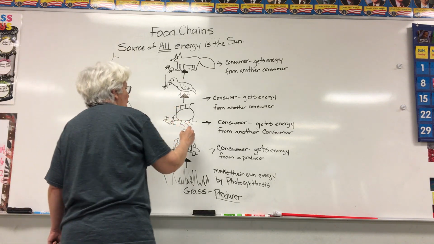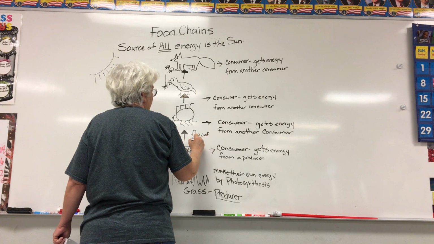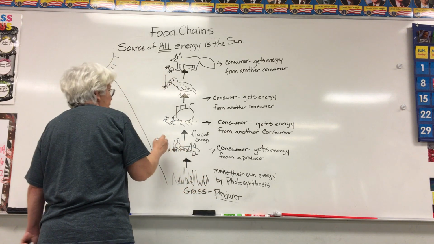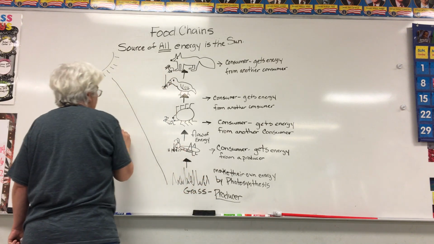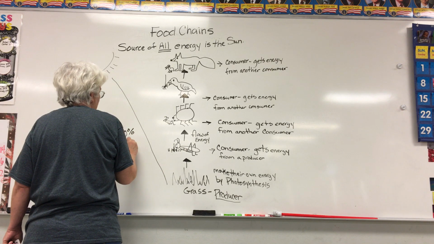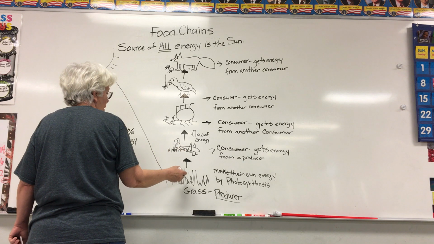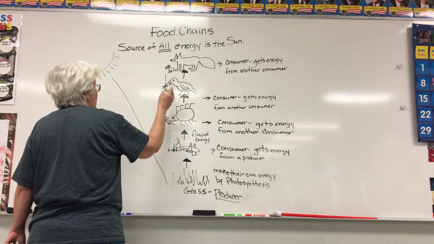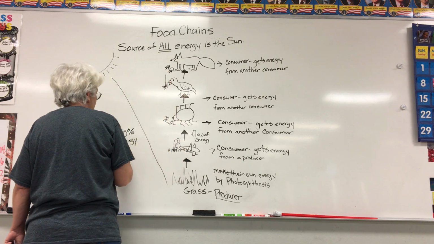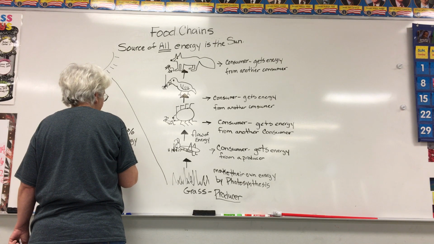You remember, this is the flow of what? The flow of energy. And we said that about 90% of the energy that they consume, whether you are grass or grasshopper or spider or bird or fox, is used for heating your body and movement.